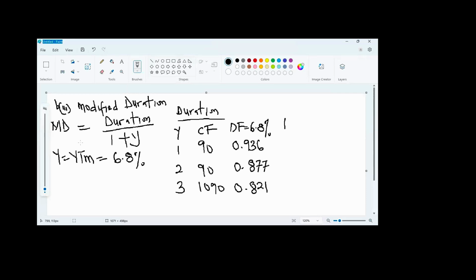Please get the present value. 84.24. Next, 78.93. Next, 894.89.